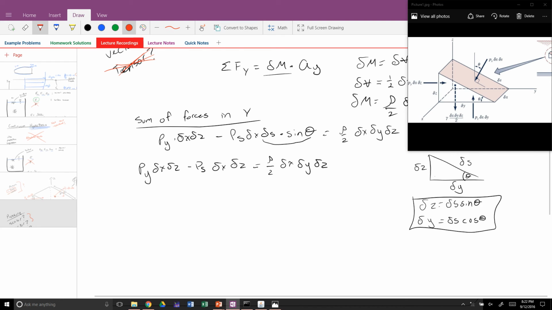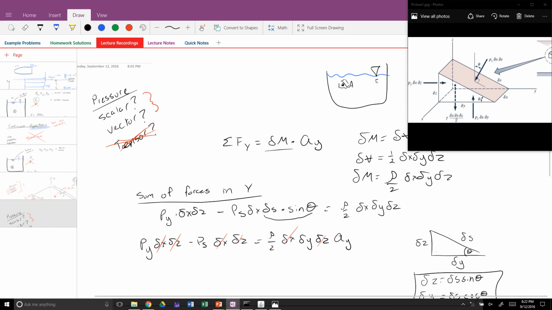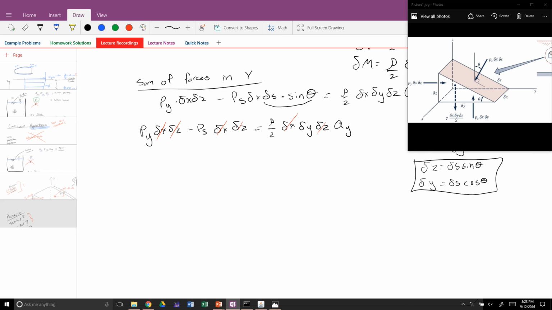So then we can leverage this to perform some cancellations. It's delta X and delta Z components. Oh, bad me, I forgot the acceleration over here. Remember, MA, not just M. Which leaves us with Py minus PS is equal to rho over 2 delta Y times acceleration in Y.